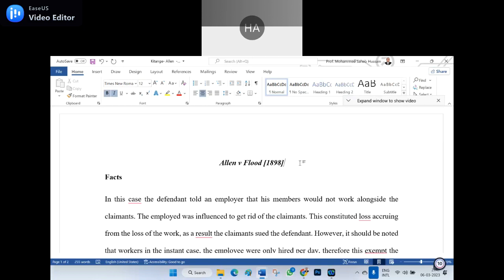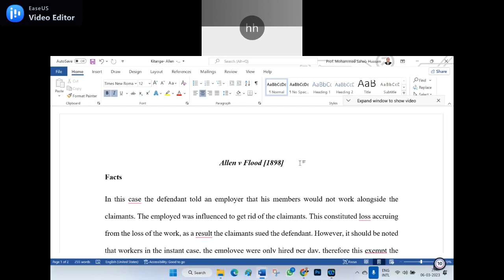Now, there is a rule. Truth should prevail, always. Is it clear? Truth should prevail.